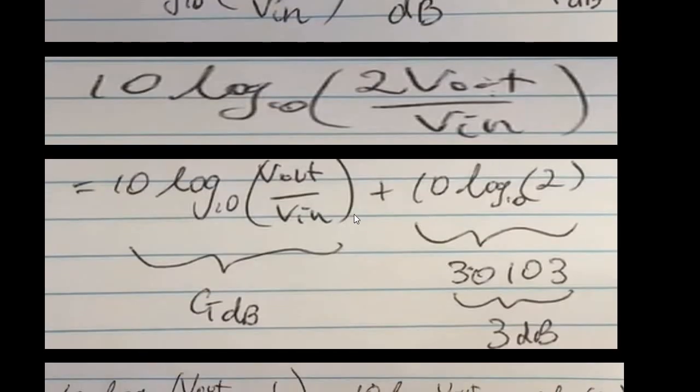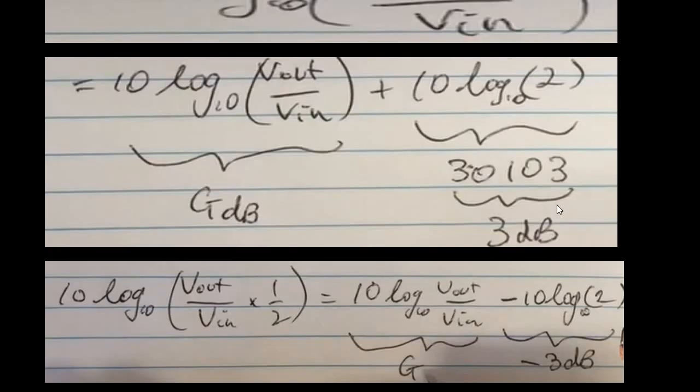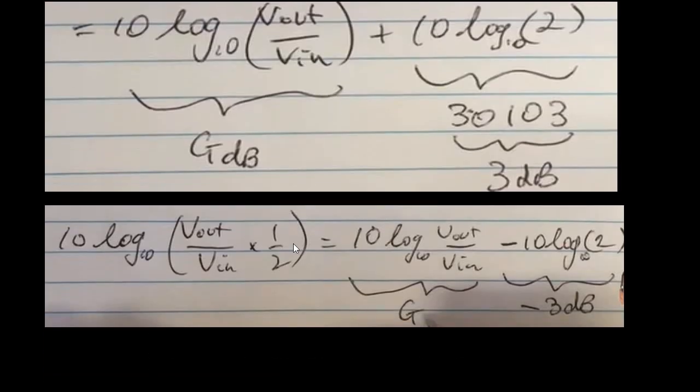So we can say that as the gain is doubled, in dBs we add 3 dB. This is why 3 dB is very important, which means that when the gain is doubled, in dBs we add 3 dB to the original gain, right?